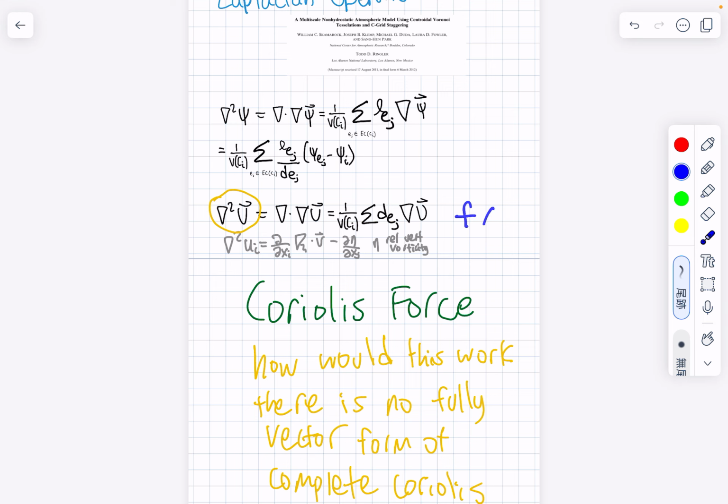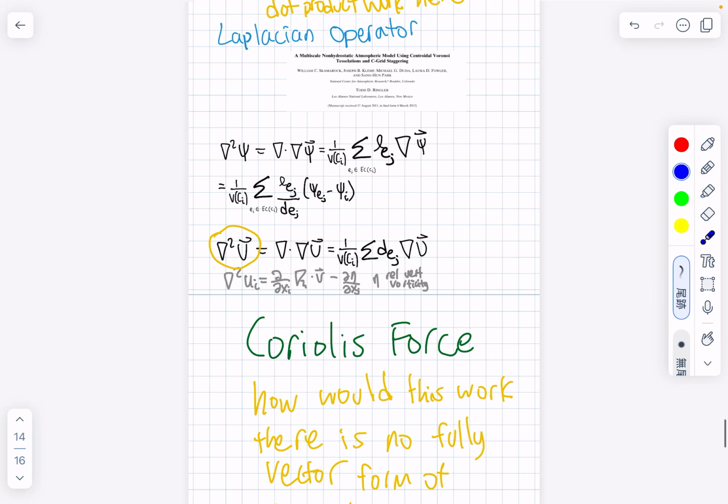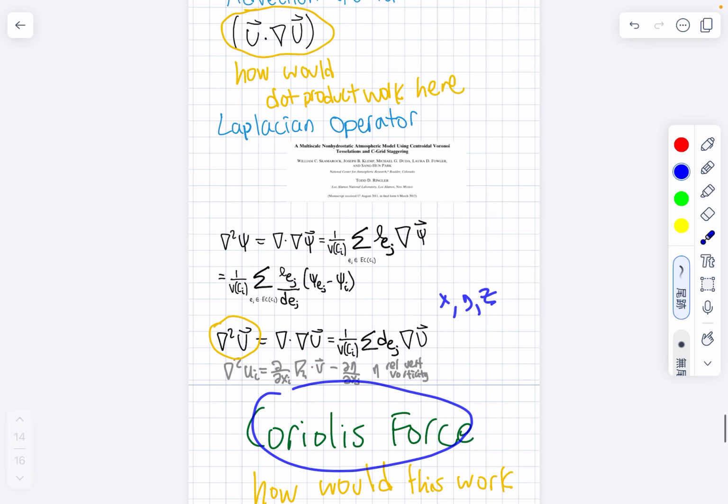It's not a curl, it's something like F cross U. It's a cross product. I'm not sure how this is dealt with. So that's another future thing I want to know how to do, because this is very important, doing a full Coriolis force. There's a lot of terms that are also just based on the X and Y direction and stuff like that. So this is a future thing I want to think about.